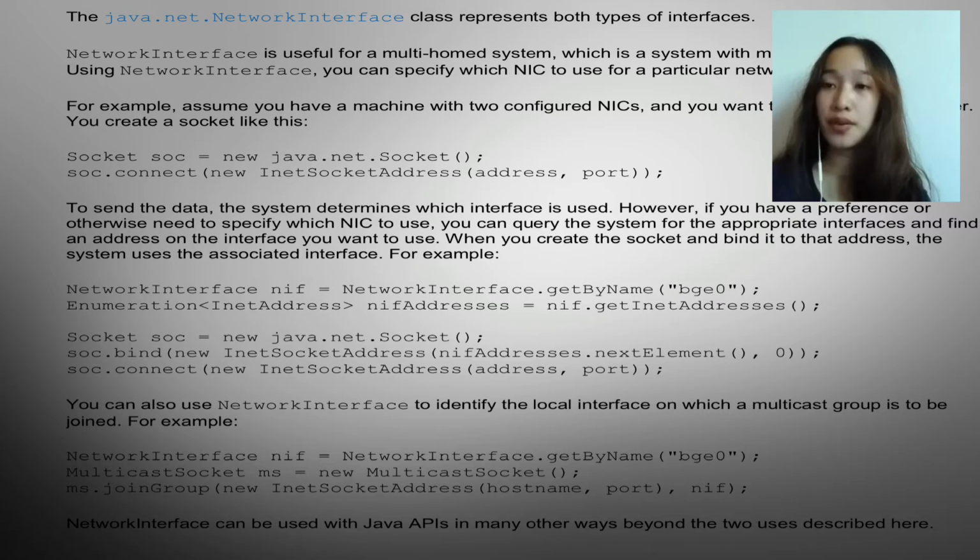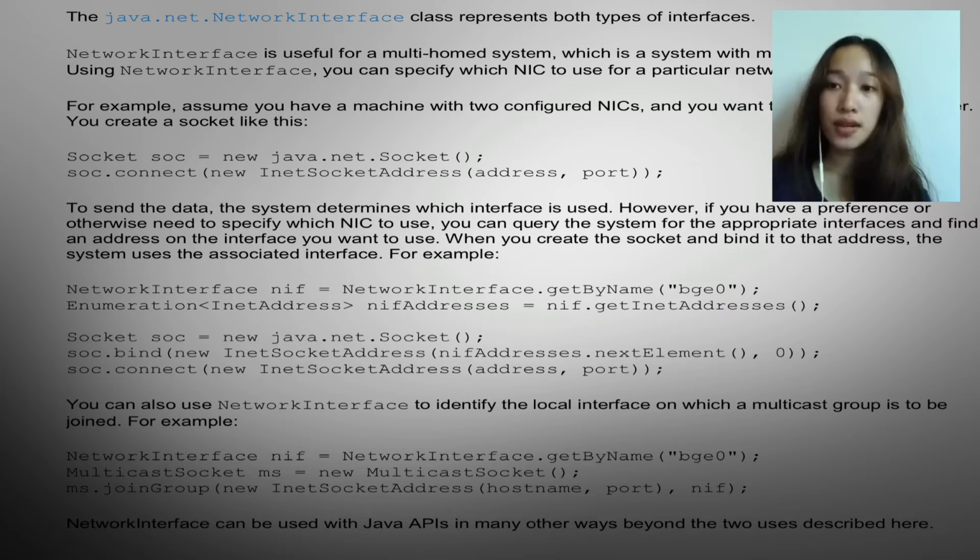However, if you have a preference or otherwise need to specify which NIC to use, you can query the system for the appropriate interfaces and find an address on the interface you want to use. When you create the socket and bind it to the address, the system uses the associated interface. For example, here in the second example, as you can see, I don't know how to read this one.